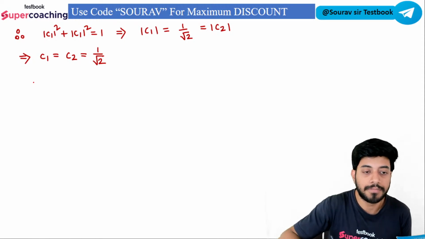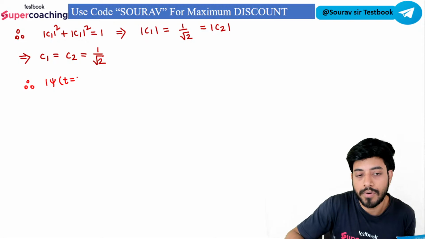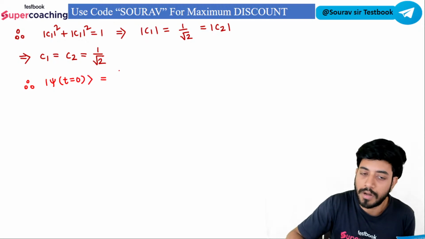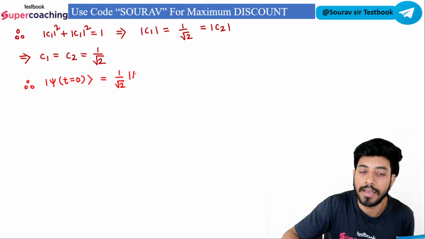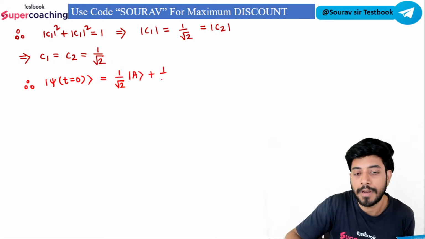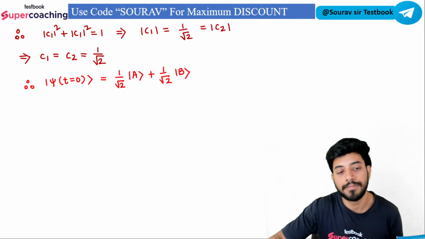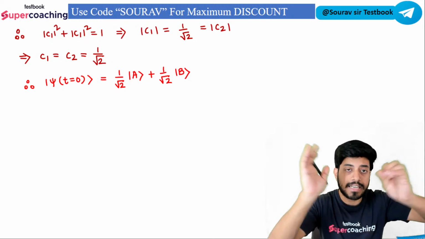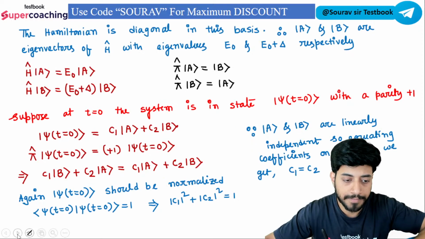So therefore, psi at t equal to 0 can be taken as 1 by root 2 a plus 1 by root 2 b. Now if we leave this state like this, तो ये state अपने आप evolve होगा with respect to time.